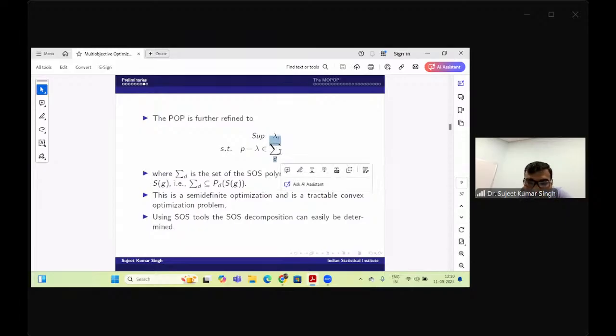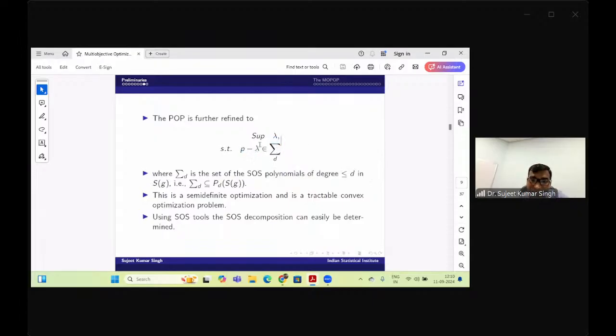This set is basically not the semi-algebraic set, but it represents the set of sum-of-squares polynomials of up to degree d. And obviously, this set of sum-of-squares polynomials of up to degree d will be a subset of the semi-algebraic set of polynomials of up to degree d. So that is a sufficient condition to ensure the non-negativity of this polynomial p minus lambda. That means p minus lambda is a sum-of-squares polynomial, and hence p minus lambda is in the semi-algebraic set. So that basically ensures the conversion of this polynomial p into a sum-of-squares polynomial.